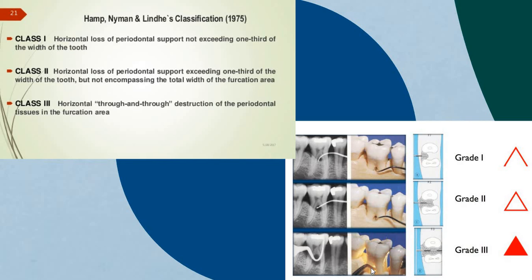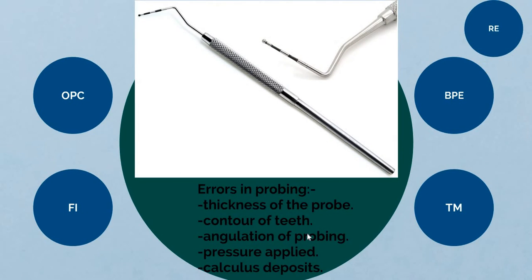While in class 3, a horizontal through-and-through destruction of the periodontal tissue is present in the furcation area. Here may be associated with soft tissue recession, and here bone and soft tissue are lost. So this is furcation.